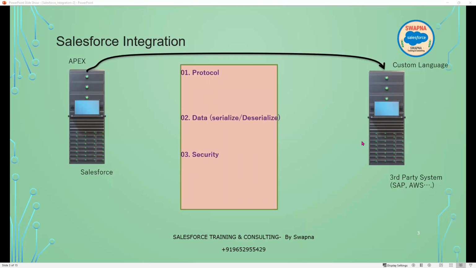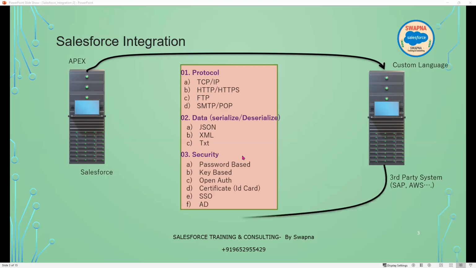So any integration you implement has to follow a certain process: protocol, data, serializing, deserializing, and security. In the protocol, we have different types of protocol. In data, serialize and deserialize can be done through the JSON, XML, and the text. And in security, we have different levels of security available.